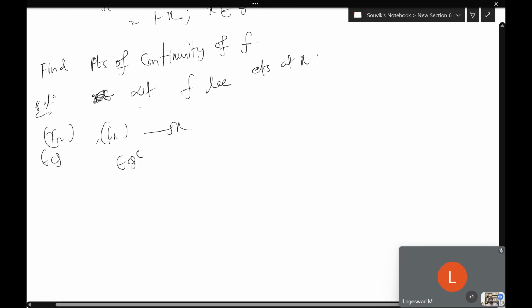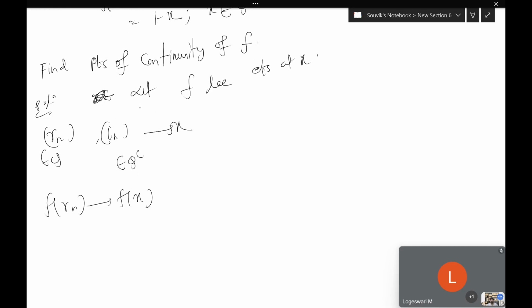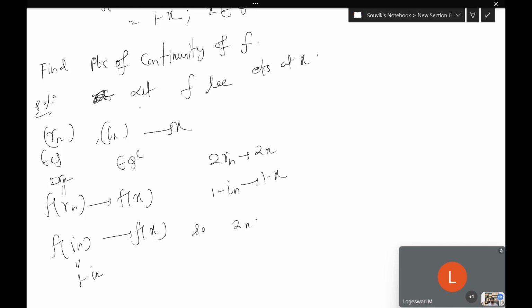By assumption, f of Rn goes to f of x and f of In goes to f of x. Now f of Rn is equal to 2Rn because Rn is rational, and f of In is equal to 1 minus In. So 2Rn goes to 2x and 1 minus In goes to 1 minus x. By uniqueness of limits, 2x equals 1 minus x, and this means x equals 1/3.